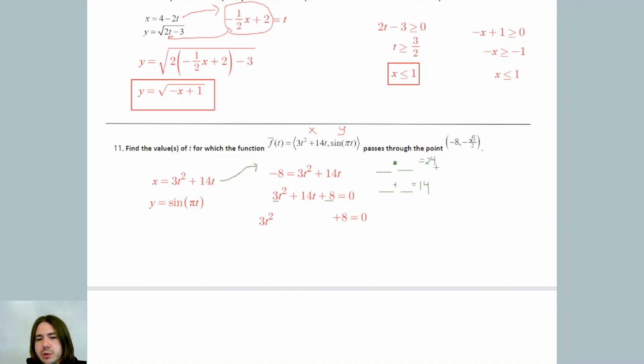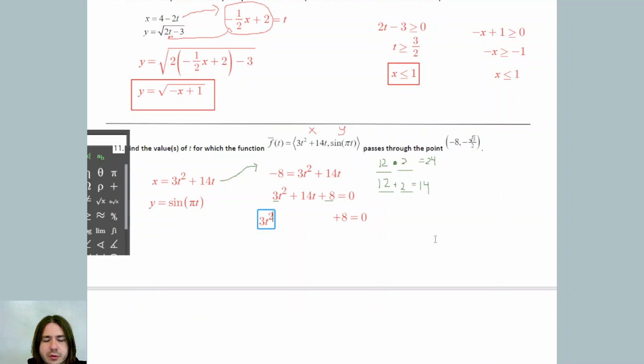So you could do 1 and 24, 2 and 12, 8 and 3, 6 and 4, and that's about it. And the only combination here that's going to also add up to 14 would be 12 and 2. Right, 12 times 2 is 24. 12 plus 2 is 14. So those are going to be the two middle terms that this 14t will break up into. 12t plus 2t.